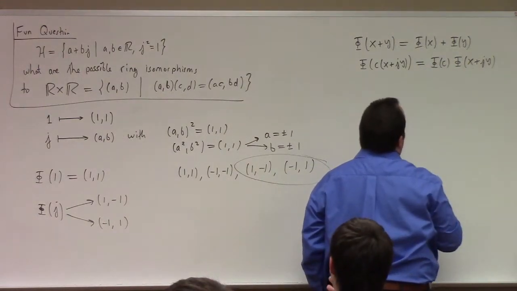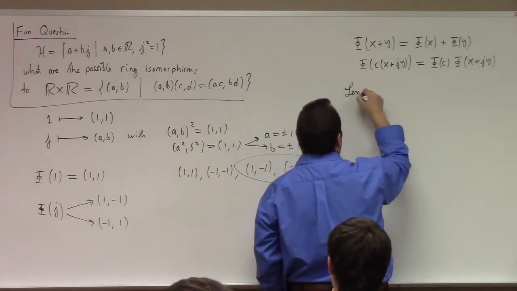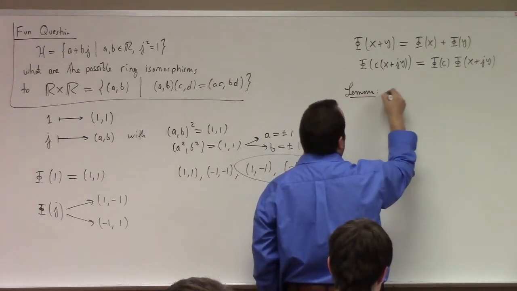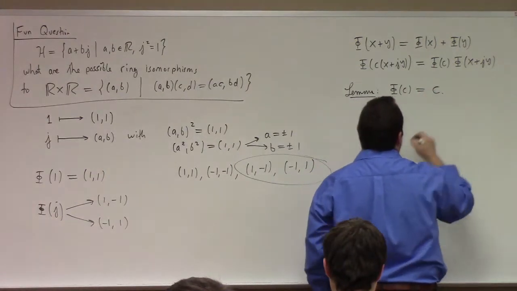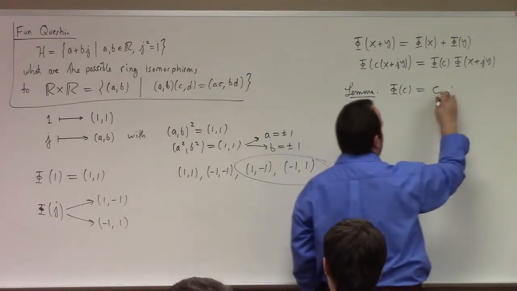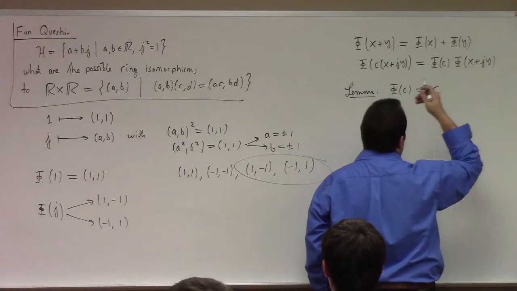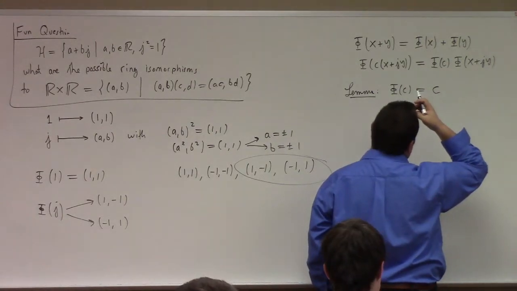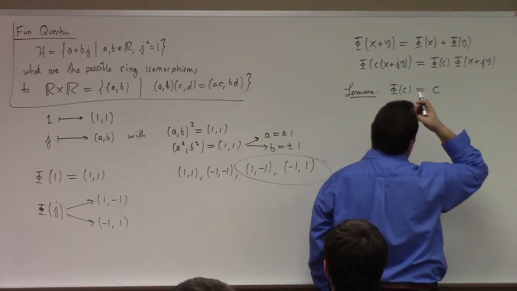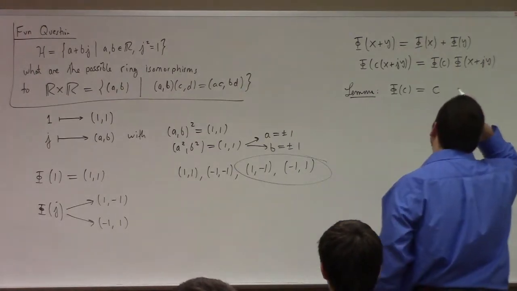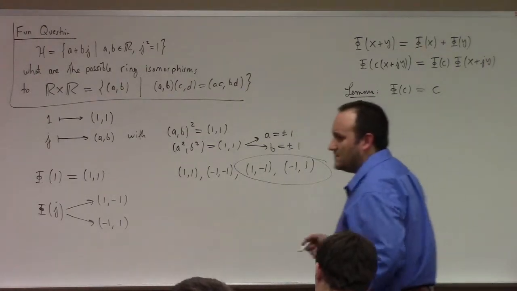Well, how can I say this? Lemma: phi of C is in fact equal to C. That's not quite right. Phi of C has to be, goodness gracious, I guess it has to be CC. No. Oh, now I'm confused. Curses.